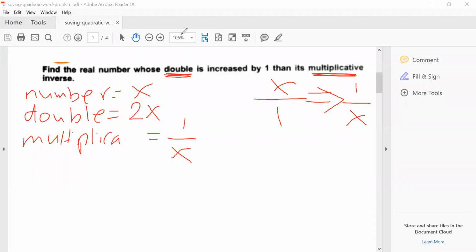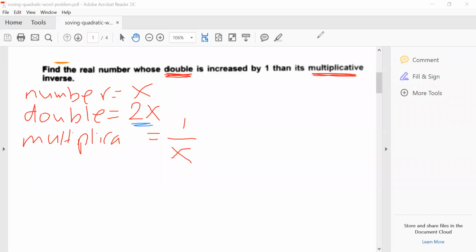Let's go back to the word problem. It says find the number whose double increased by 1 then its multiplicative inverse. This means, which is bigger, the double or the multiplicative inverse?